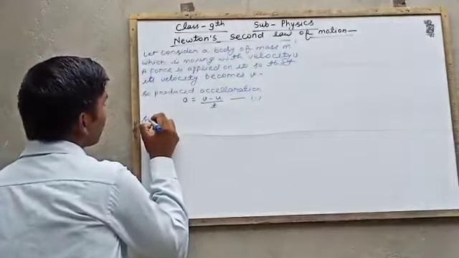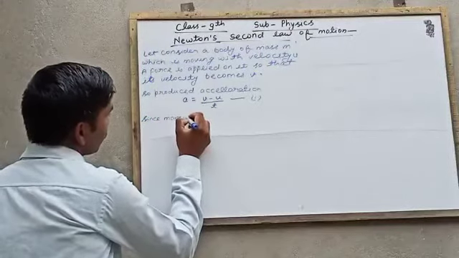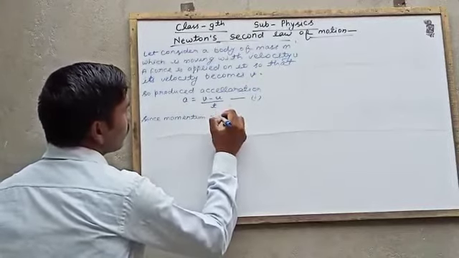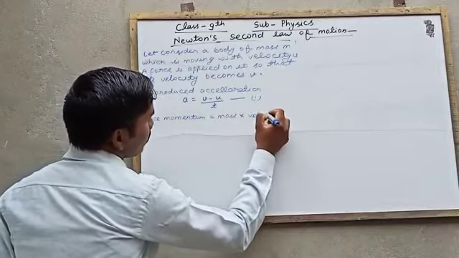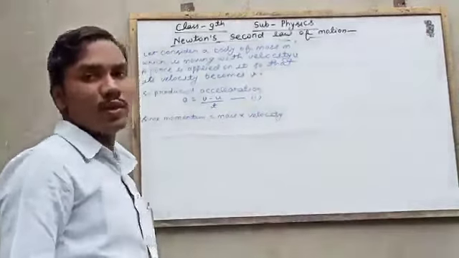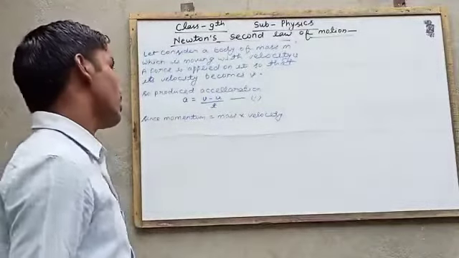Since momentum is equal to mass into velocity, the momentum of a body is always equal to mass into velocity.